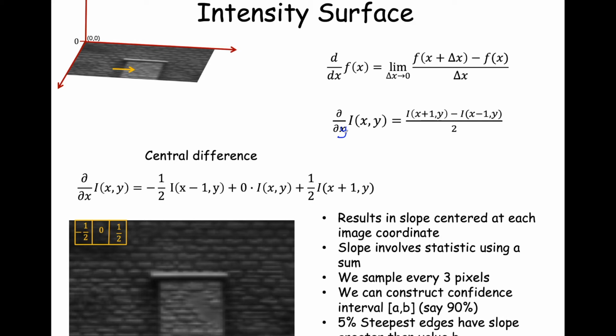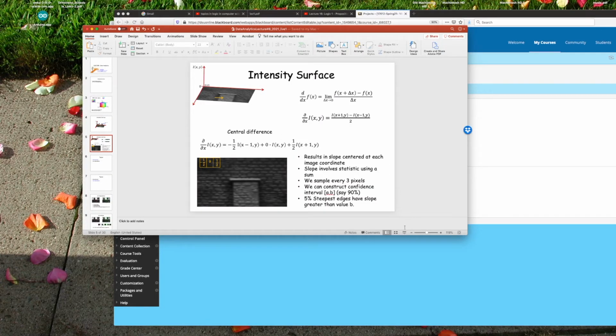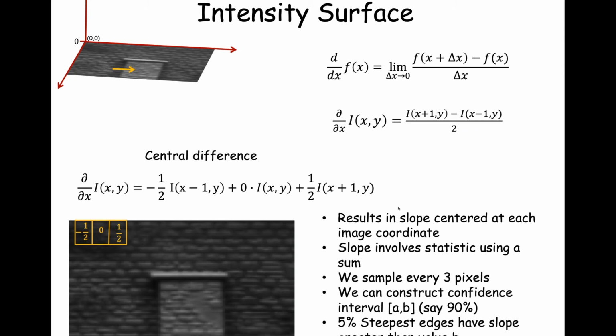So we took our definition of the derivative and we looked at it from the perspective of the intensity surface, and we came up with an expression, a discrete approximation of the derivative definition, and we reduced that down to a set of coefficients convolved or multiplied by, used in a weighted sum for locations in the image surface, intensity surface, in image coordinates.